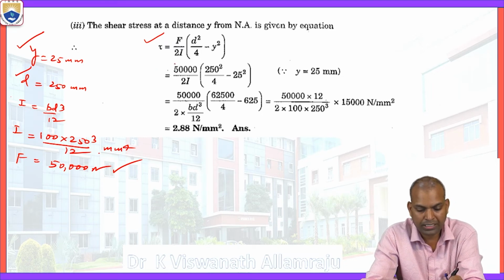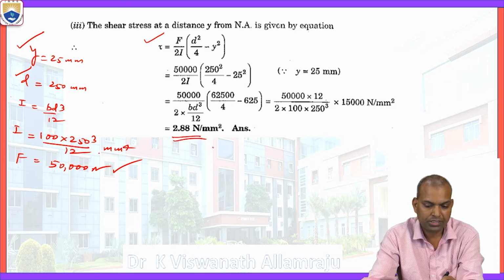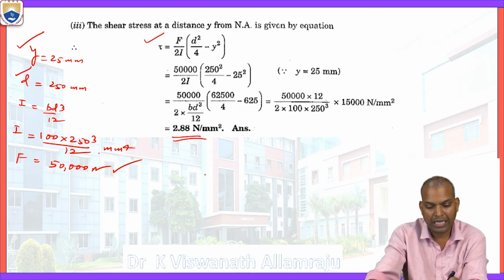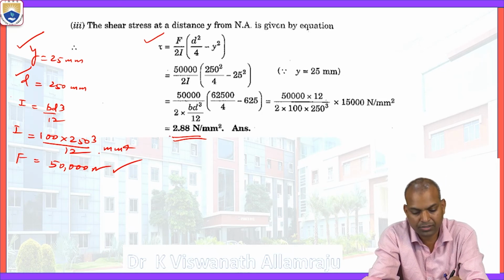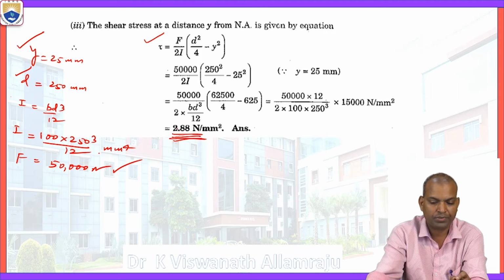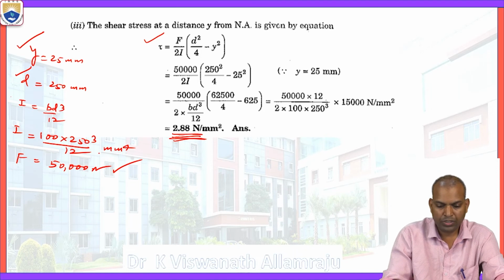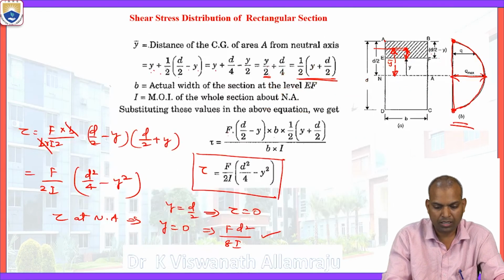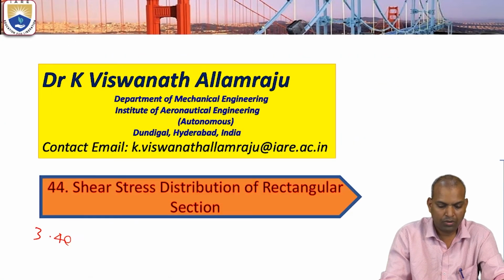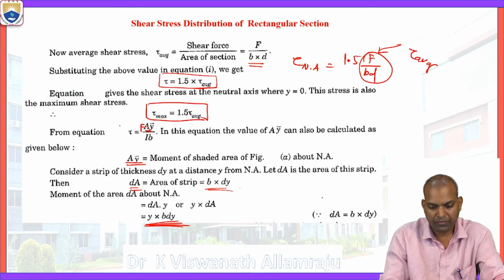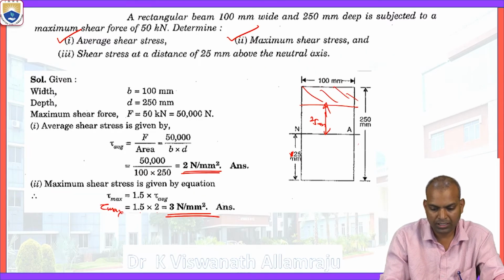After substituting and calculating, the shear stress at a distance of 25 millimeters from the neutral axis is calculated as 2.88 newtons per square millimeter. This is the third objective. So thus we have solved the first, second and third objectives. These are the various objectives we calculated here.